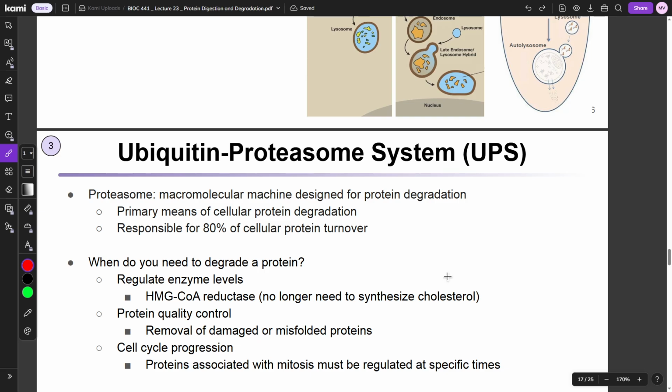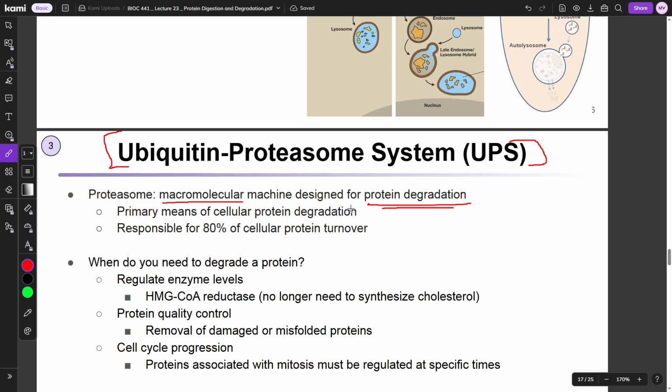Now, other than the lysosomes, we also have the ubiquitin proteasome system, which is UPS. It's not the Universal Postal Service. So, a proteasome is a macromolecular machine that is designed to degrade proteins.